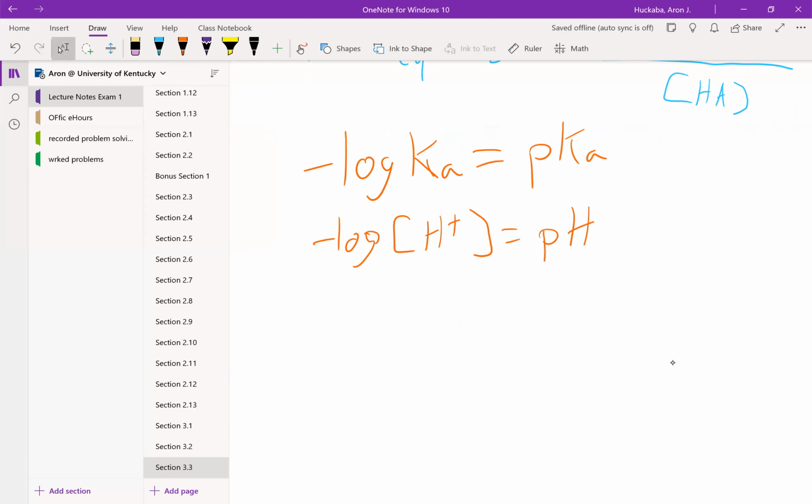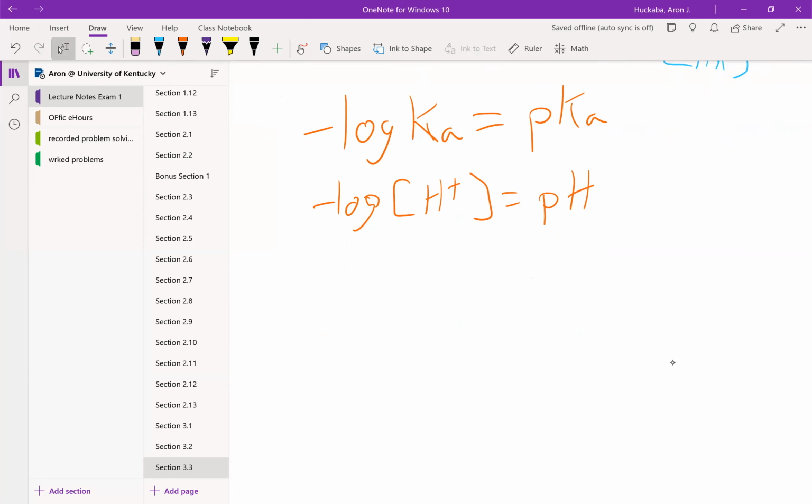So one other thing that you should know is that we can directly compare two pKa values to tell what the strongest acid is. This is kind of what we were talking about a second ago in the table.